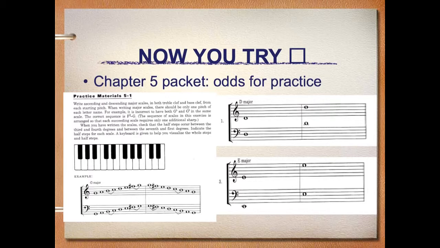And what you're going to do first is try to use all the notes, all the lines and spaces between the octaves. So we would write D, E, F, G, A, B, C, and D.